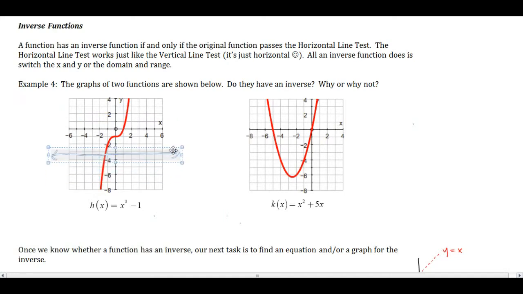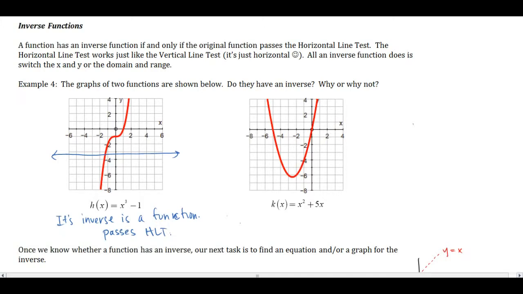So sweet, I know that this guy's a function, but I also know that h's inverse is a function. And they said why, so I would say because it passes the horizontal line test. HLT. It passes the horizontal line test. And that's it. Right? Done. I know the inverse is a function.